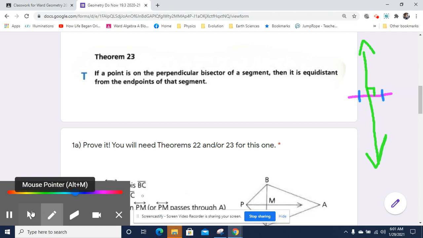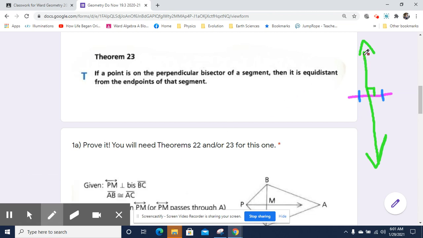So what this is telling us is that any point that we plot on our perpendicular bisector, which is in green, is equidistant from the endpoints of this segment, which, by the way, means that you can produce endless isosceles triangles. So this point here is equidistant.